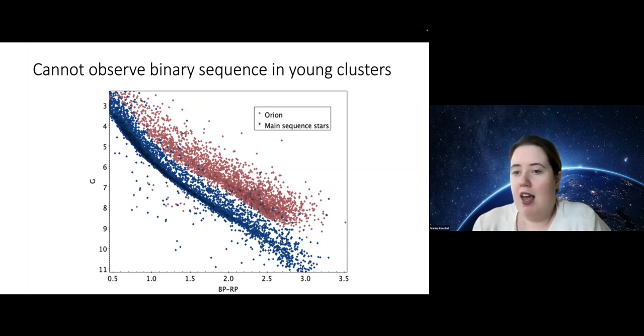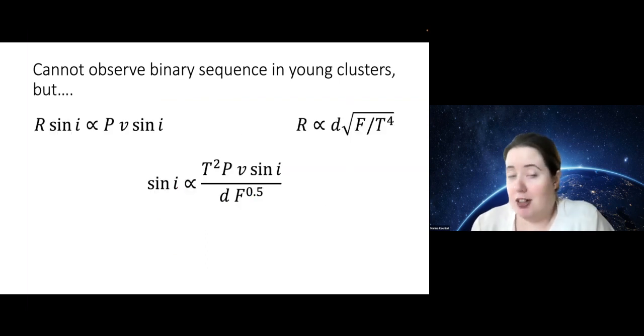One of the ways in which we can do it is to compare the distribution of some property that doesn't depend on age. For example, inclination. Inclination can be measured from trying to measure the radius of a star using two different ways. For example, if we know the period of a star and we have its rotational velocity from spectra, we are able to infer the radius of a star just using simple geometry.